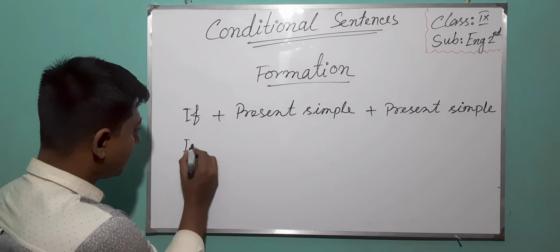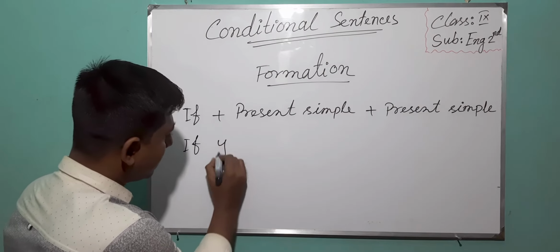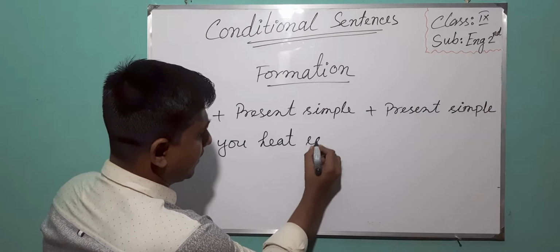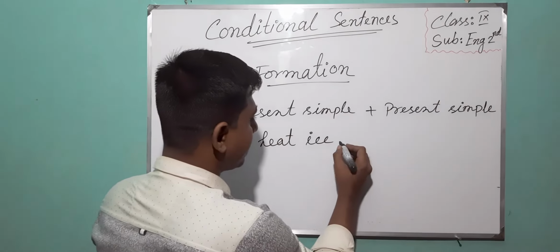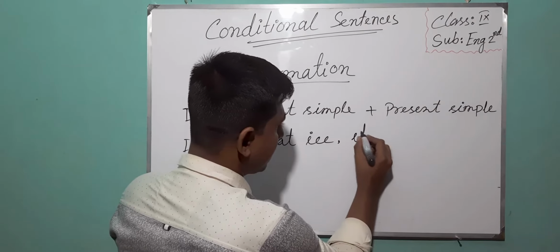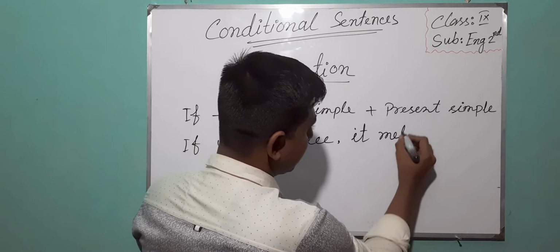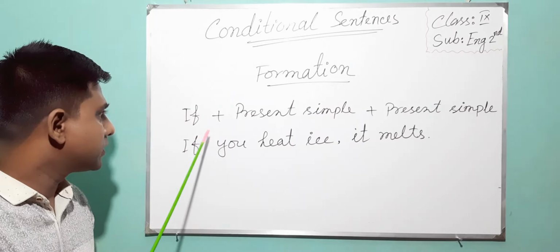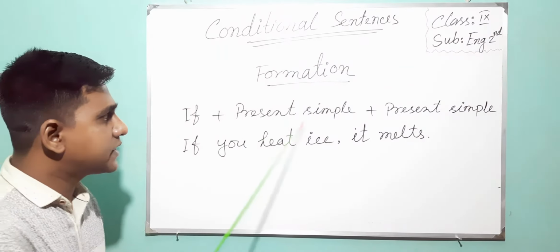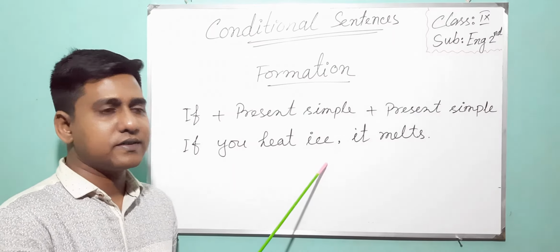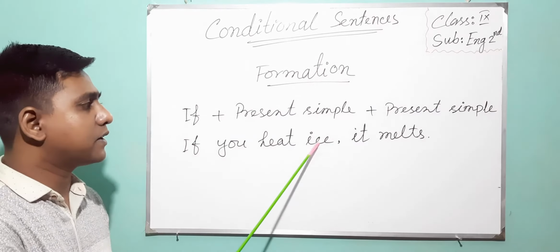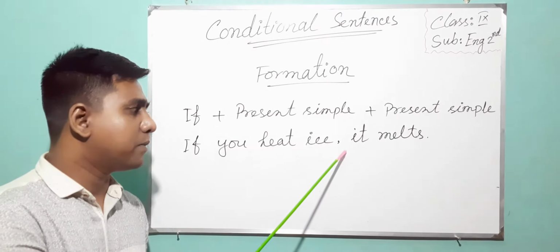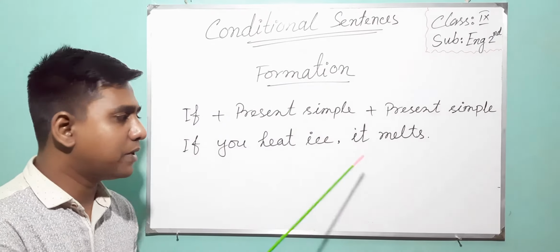If you heat ice, it melts. Dear learners, look at this. If, present simple: you heat ice. This is present simple tense. Then a comma. Why have we put a comma here?